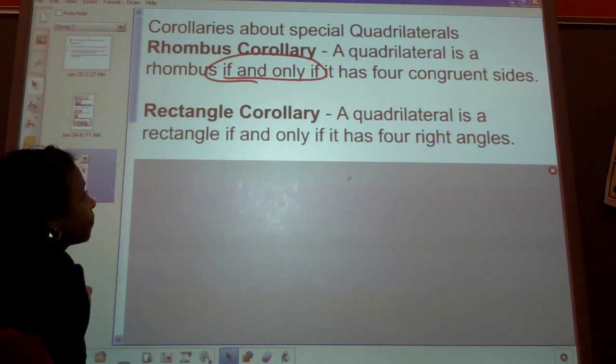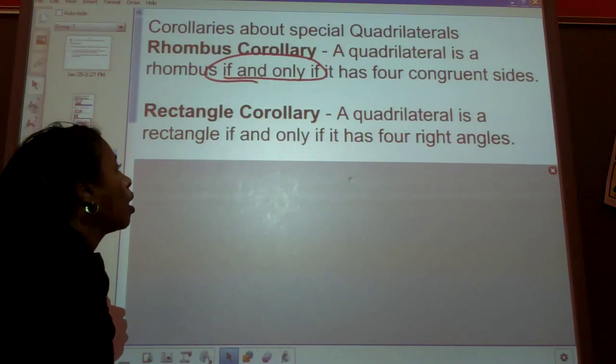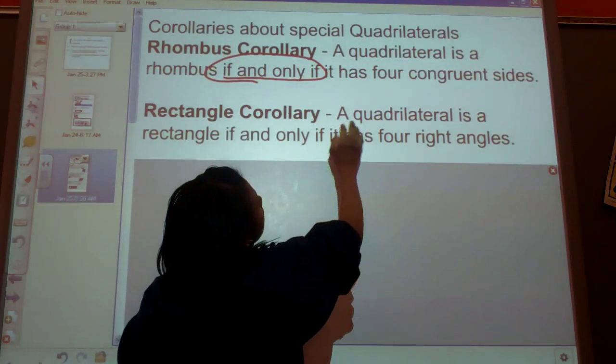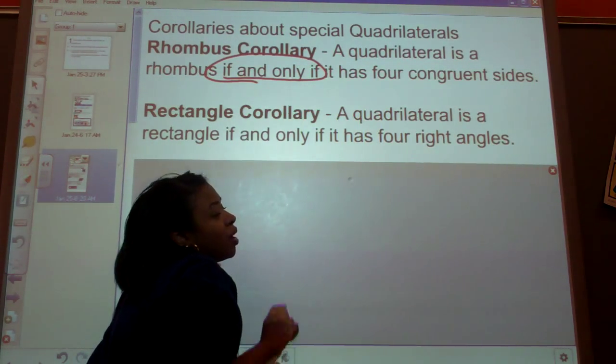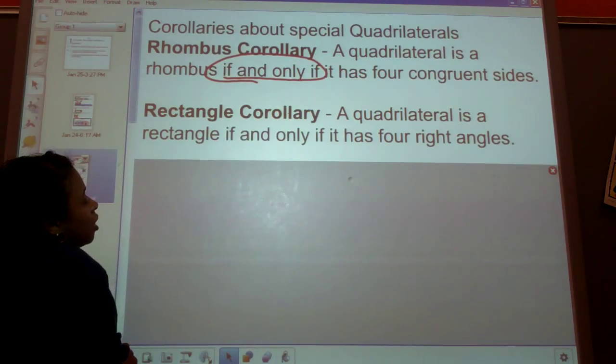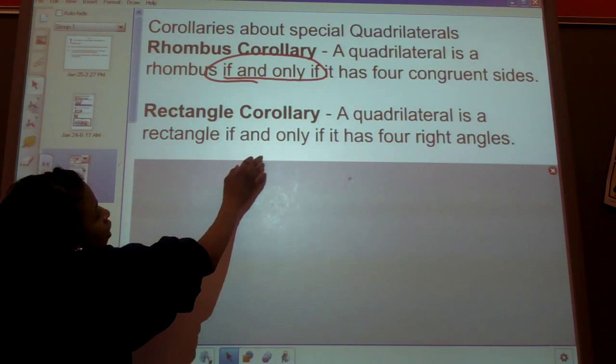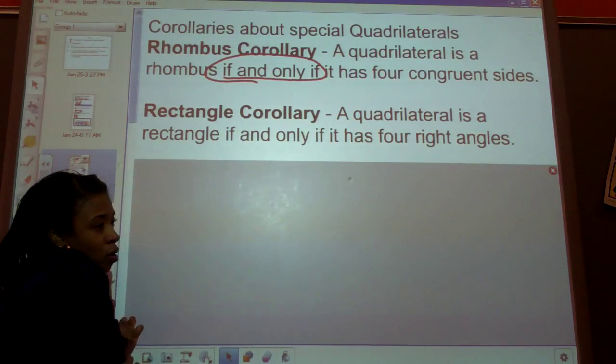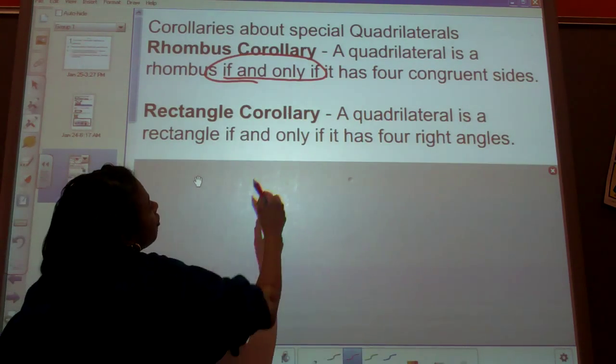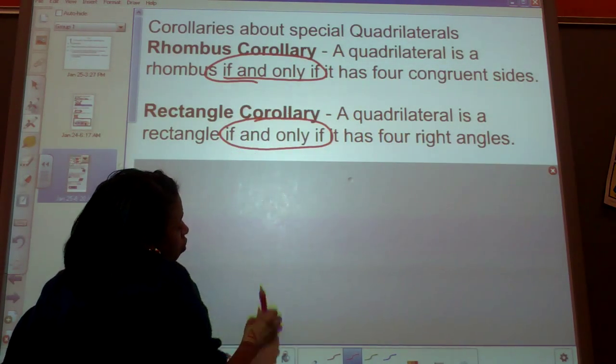Here's the second one, rectangle. A quadrilateral is a rectangle if and only if it has four right angles.